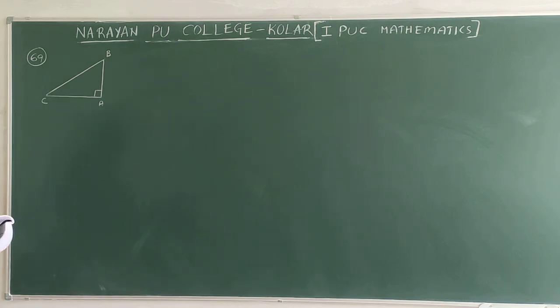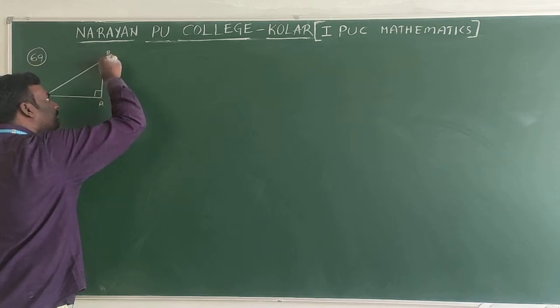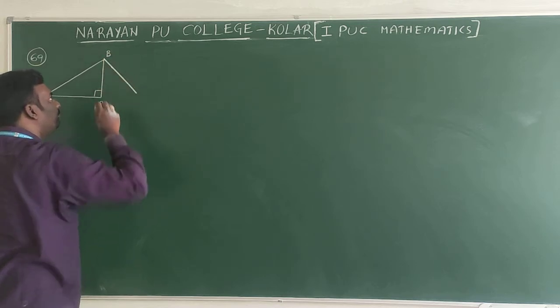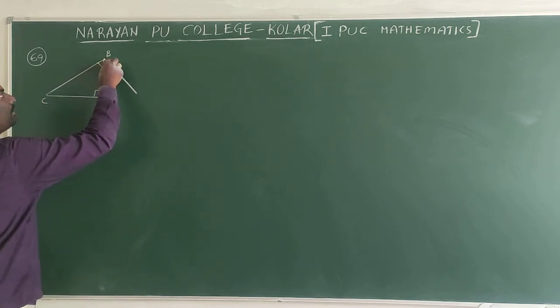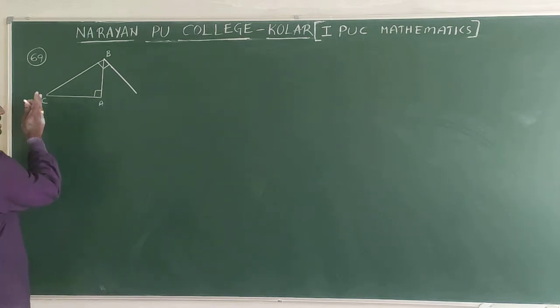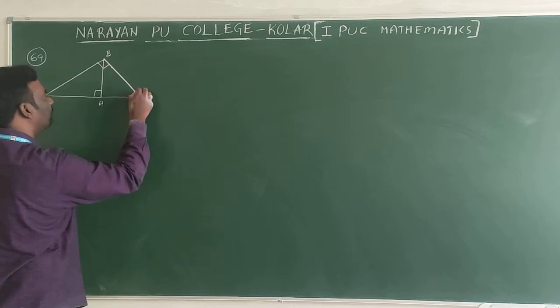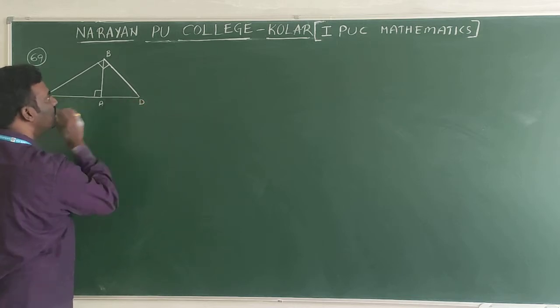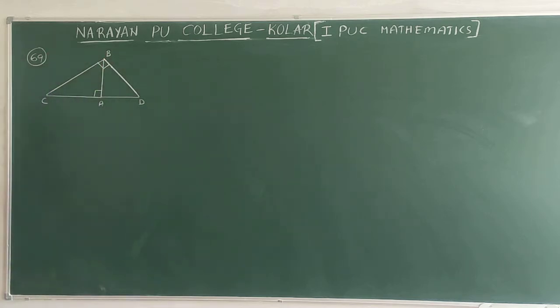ABC is a right angle triangle of which A is a right angle. Next, BD is drawn perpendicular to BC. You draw a line. This should be perpendicular. I am extending this line AC to this point. This BD is perpendicular to BC.